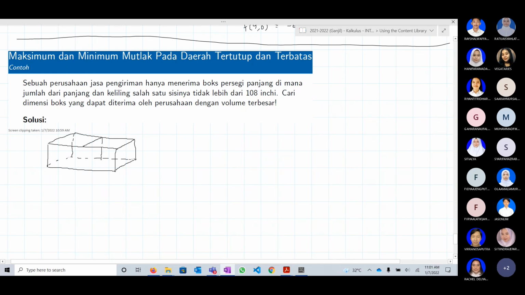We cut this area. This is the length, and this is the girth.